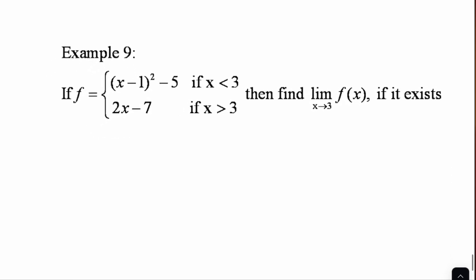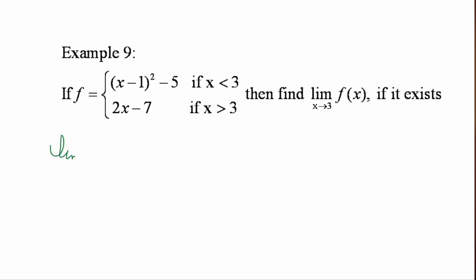Let's look at example 9. Now again, we have an issue about a piecewise function. We want to rely on the algebraic possibilities as much as possible because graphing can be funky. Now I'll show you the graph, but let's talk about it algebraically. So we want to find the limit as x approaches 3.